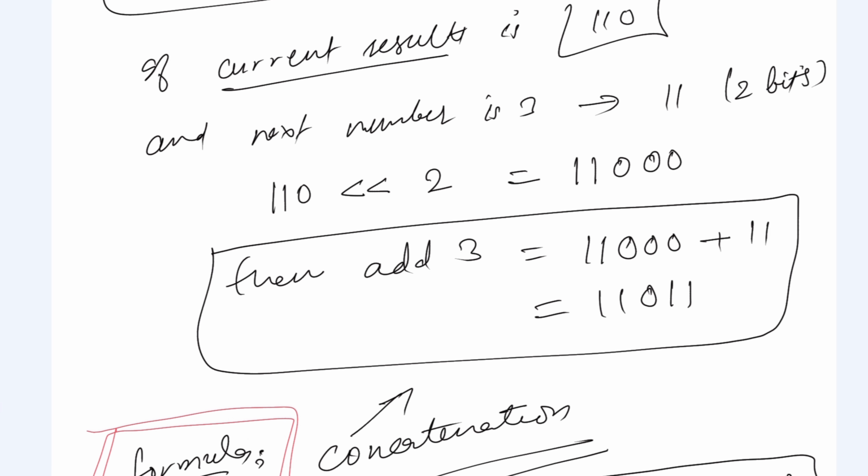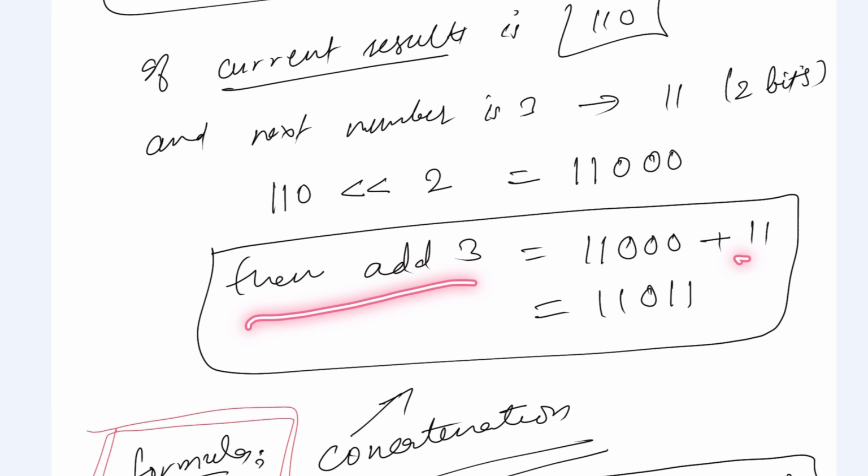Here we get a 2 bit number to add, so we shift by 2 bits, because we have seen that a left shift is needed.